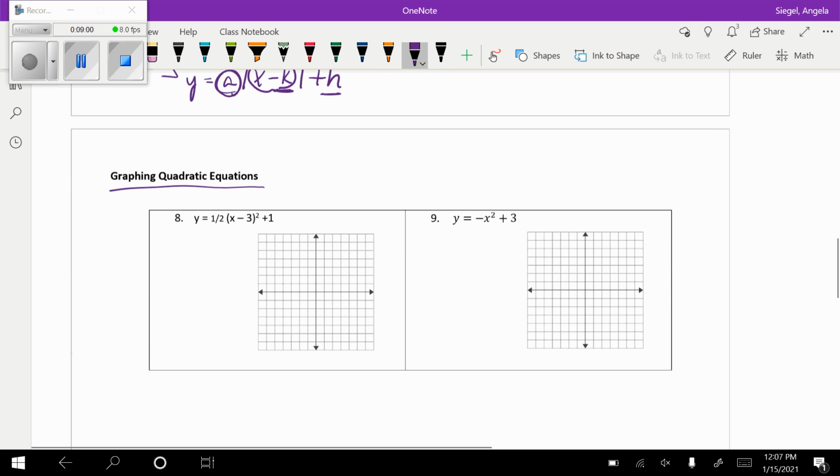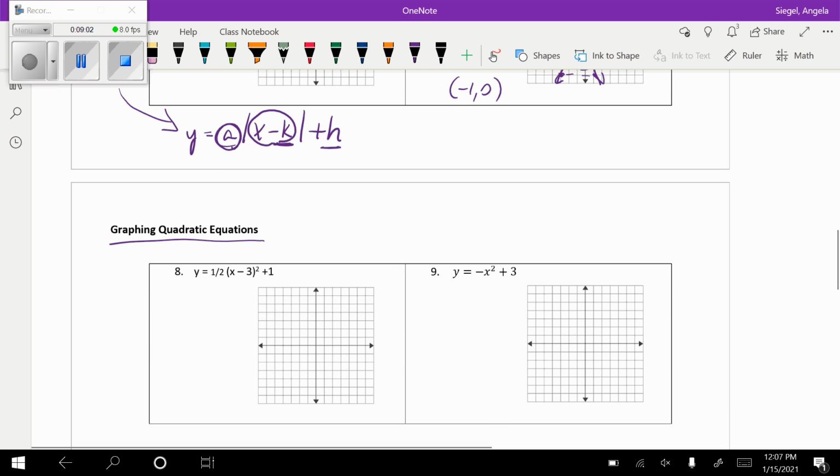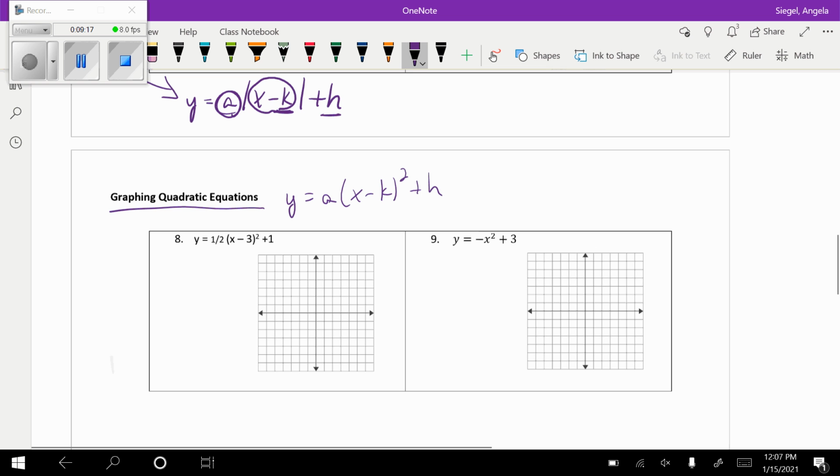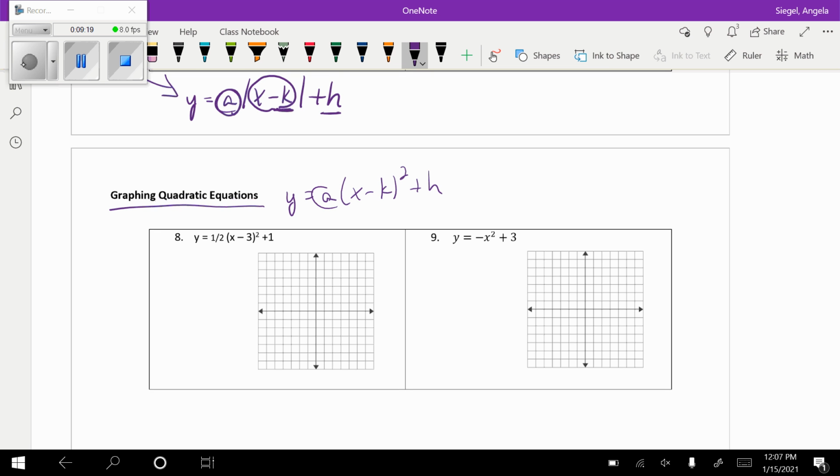Okay, so graphing quadratic equations, the formula is very, very similar. We're still going to have an a, and instead of using absolute value bars, we are going to use parentheses squared, but the same concept applies. Obviously, we're not going to have a line, so we can't really use the slope concept, but we grab our vertex in the exact same way.